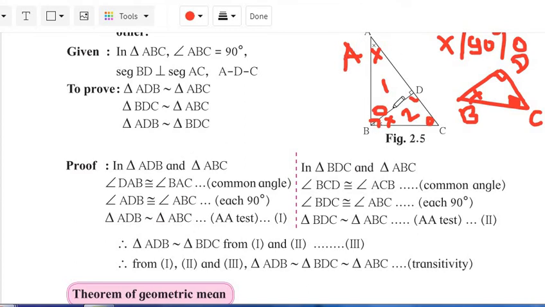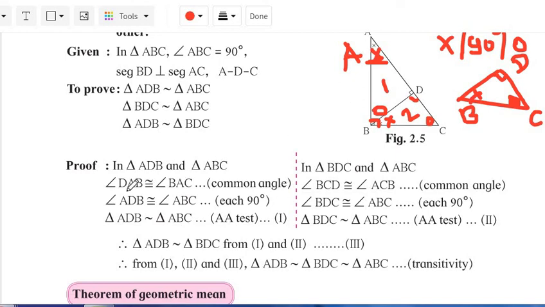Therefore write DAB or BAD, you can write it either way, BAD congruent to BAC. Why BAC? Because A is a common angle. BAD is of the smaller triangle and BAC of the whole bigger one, so BAD congruent to BAC because of the common angle.